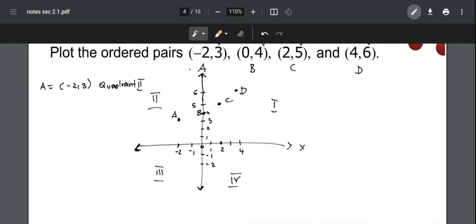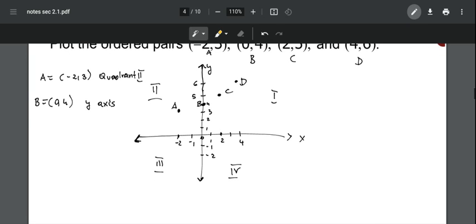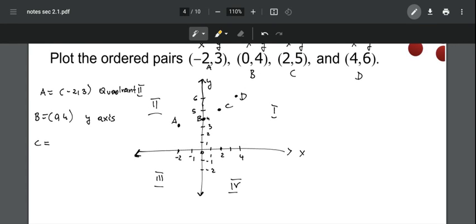So next we have point B, which has coordinates (0, 4). Point B is on the y-axis. Now point C with coordinates (2, 5).